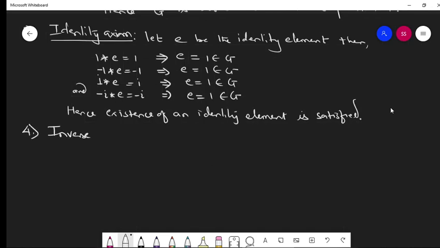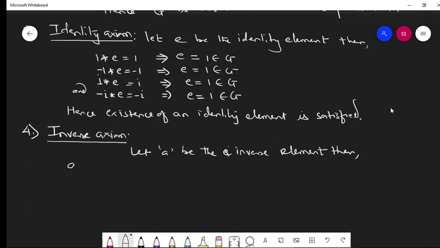the inverse axiom. For the inverse axiom, we have to suppose an inverse element. Let A be the inverse element. Then A asterisk 1 equals E. That implies A asterisk 1 equals 1, the value of E is 1.